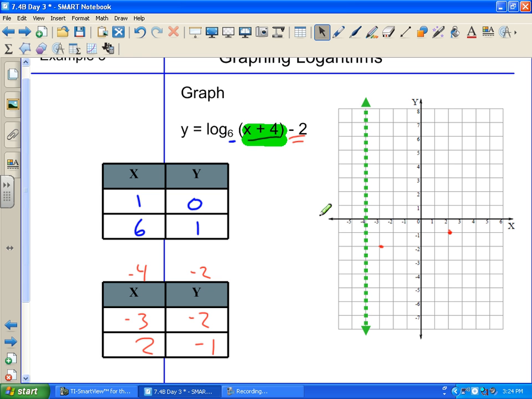Again, logs have vertical asymptotes. Exponents have horizontal asymptotes. Connect the dots and play doctor. Domain and range. Our domain is now restricted. X must be greater than -4. And y can be anything in the world. All real numbers.